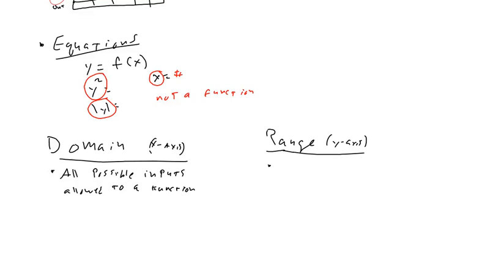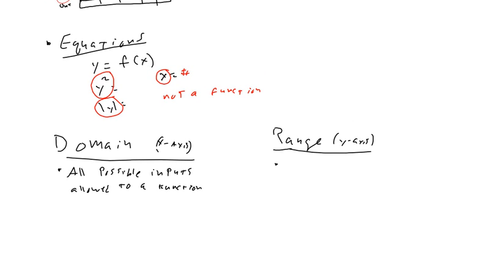All the possible inputs that are allowed. And our range is all possible outputs of a function.